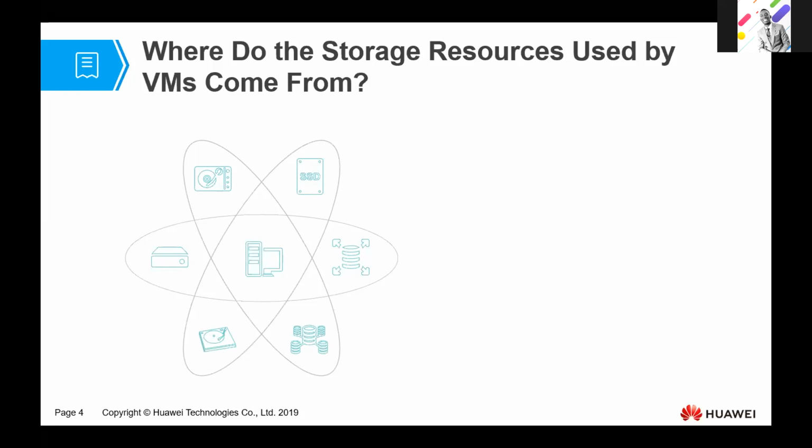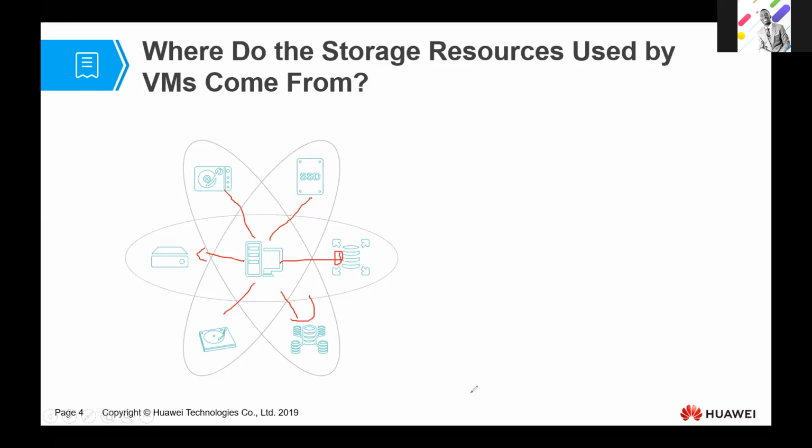In the same way, these virtual machines get their storage from different underlying storage devices. They can get them from SSDs, from RAIDs, which are disks bundled together, from distributed storage, from centralized storage, from HDDs, and of course from disks as well.